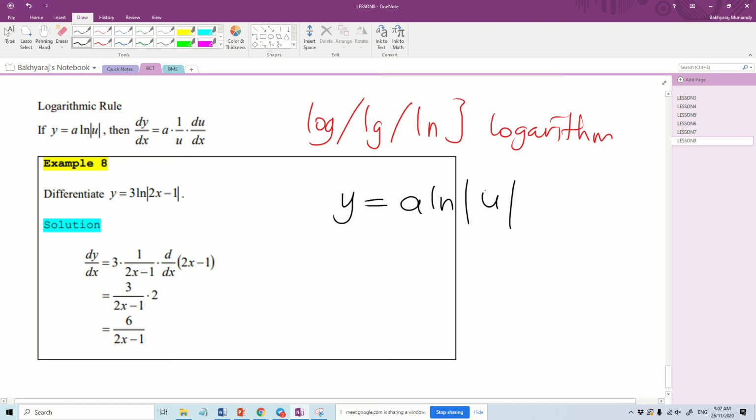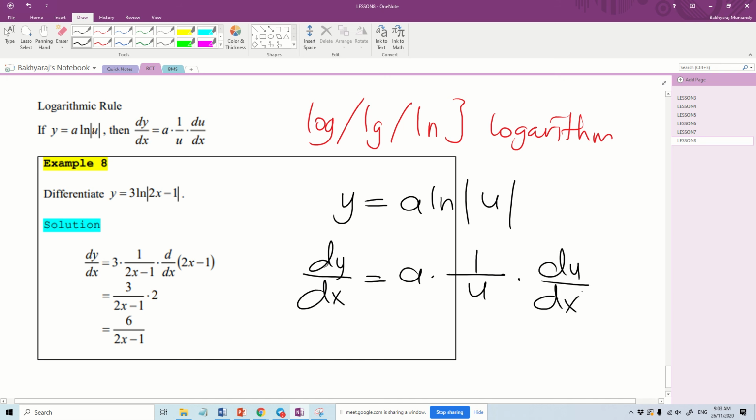Whatever is inside the log, u, must be differentiated. So dy/dx is equal to a dot 1 over u dot du/dx.